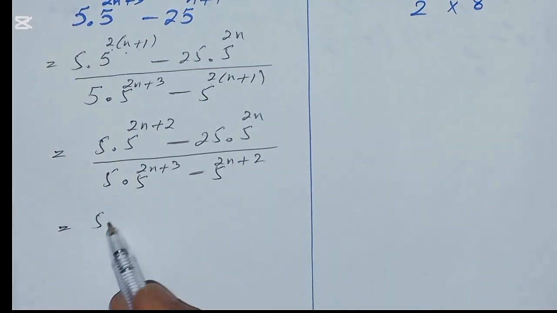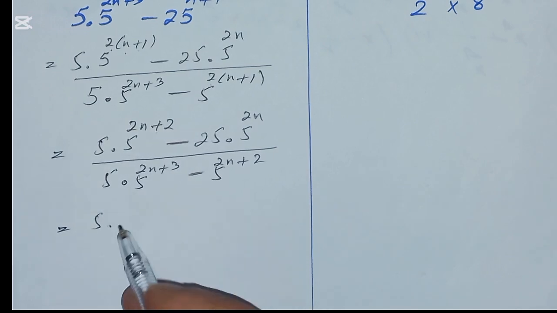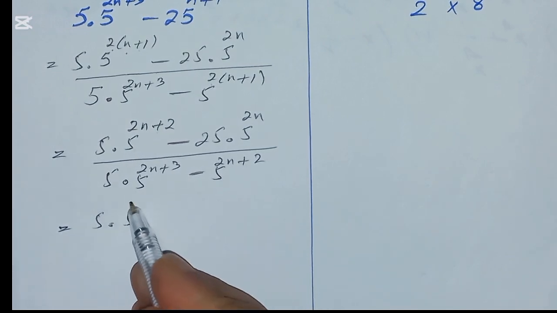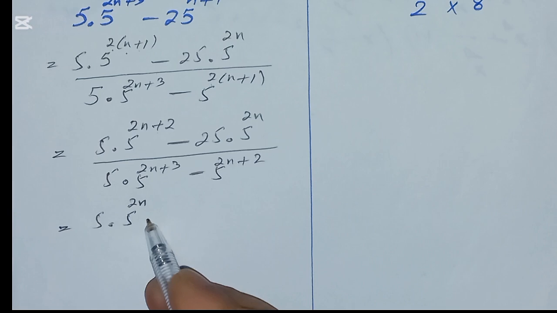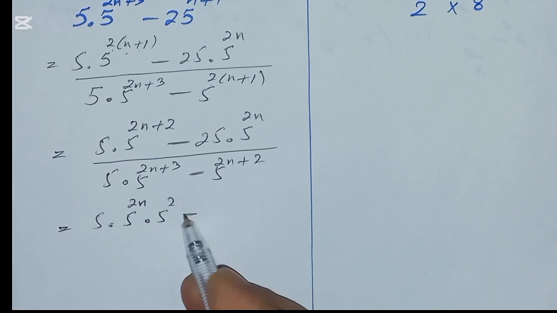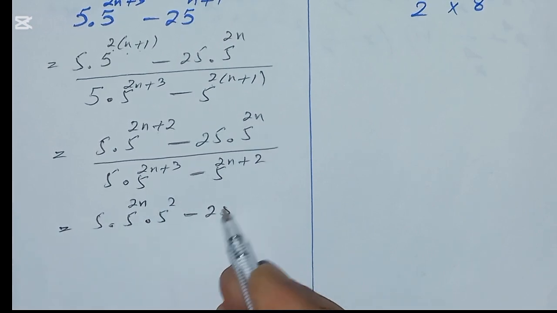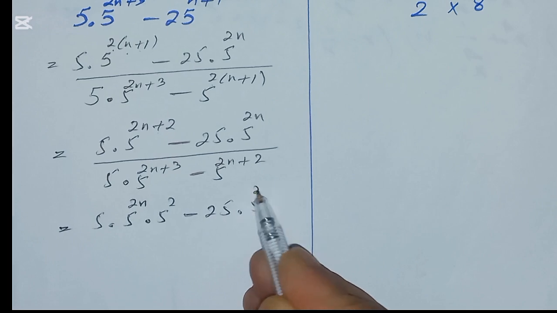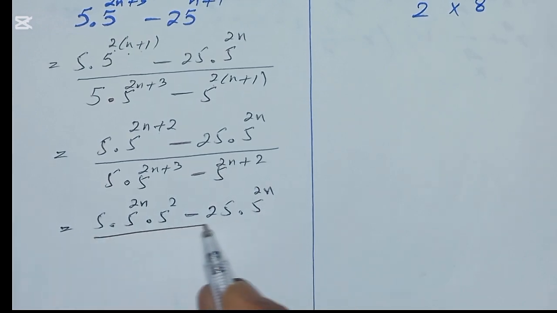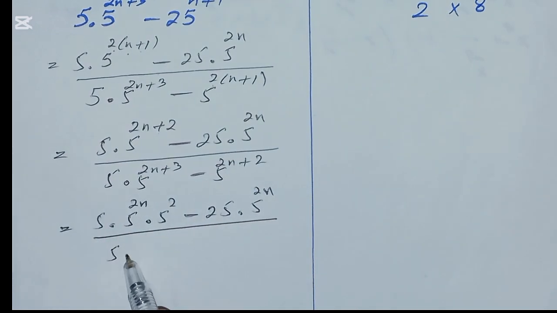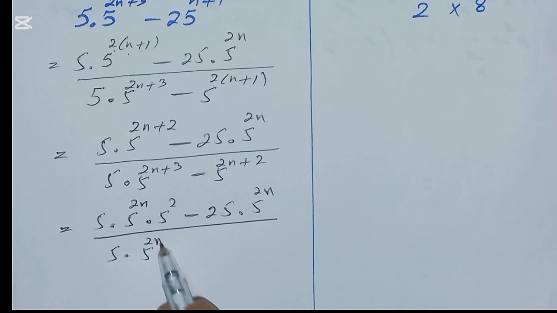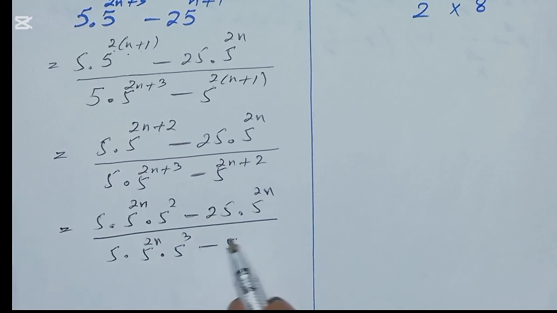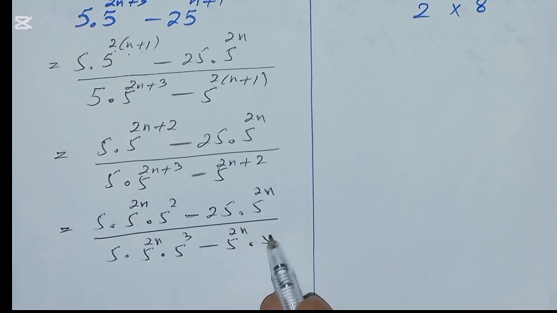5 power 2n plus 2 can be written in this way: 5 power 2n dot 5 power 2 minus 25 dot 5 power 2n. Similarly in the denominator, 5 dot 5 power 2n dot 5 power 3 minus 5 power 2n dot 5 power 2.